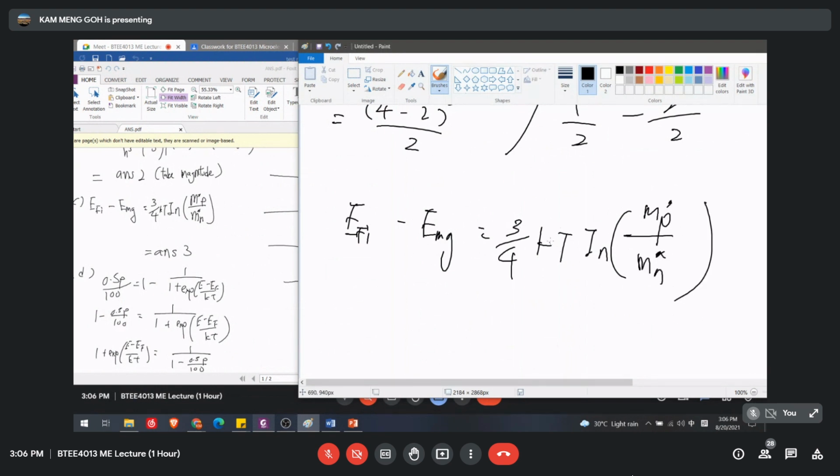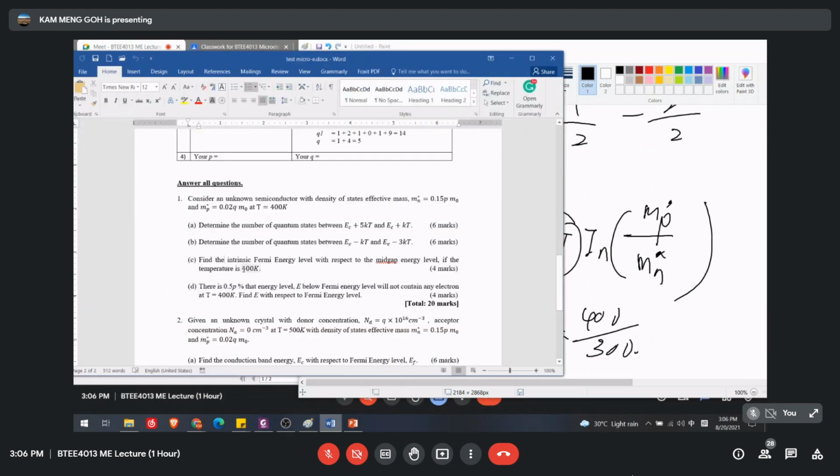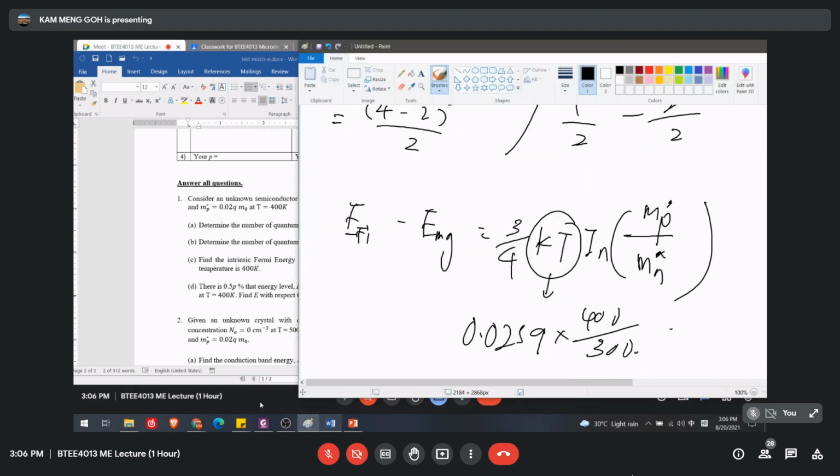The common mistake is in between here. If you are doing this, you need to use 0.0259 multiplied by 400 over 300, because in the question the temperature is 400K. This is just a small little trap.